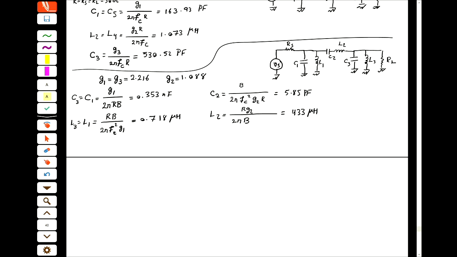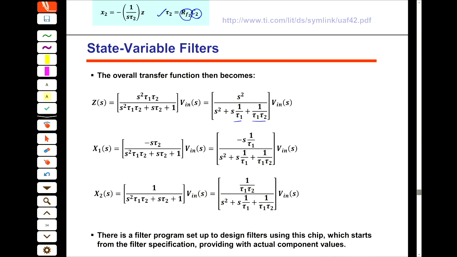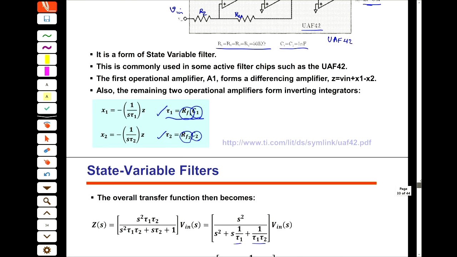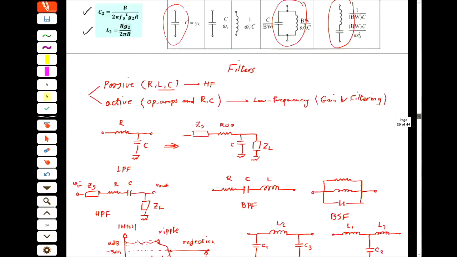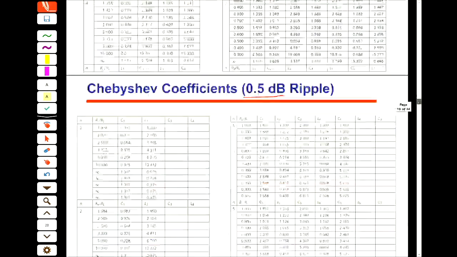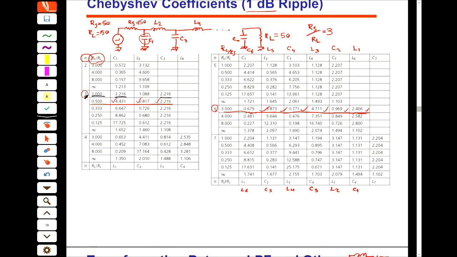This is third order. So fifth order, or seventh order, then you have to go to the table and find the values for the seventh order. For example, here we are solving for 1 dB ripple.